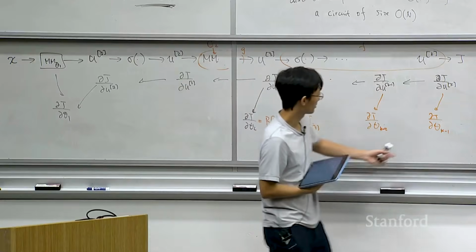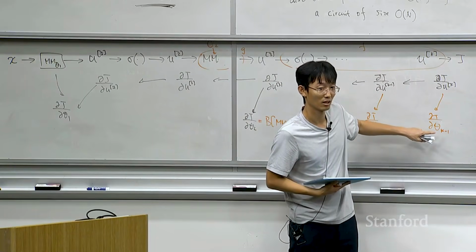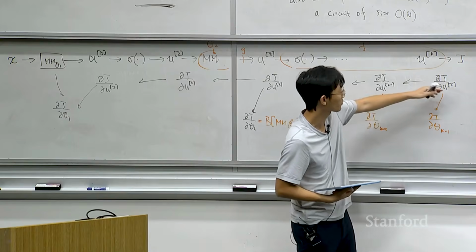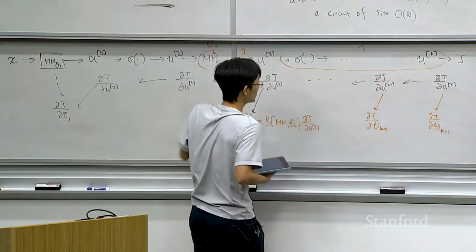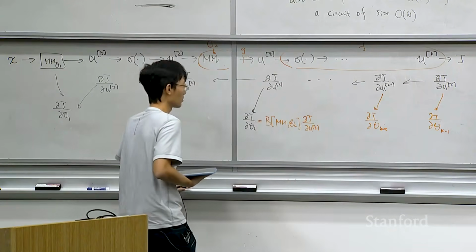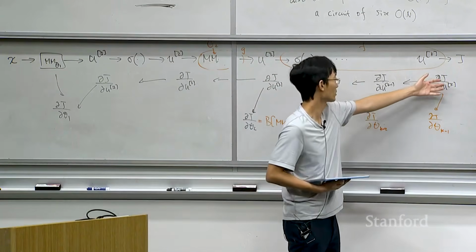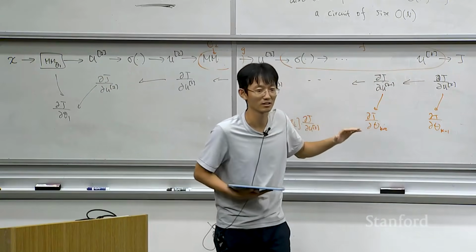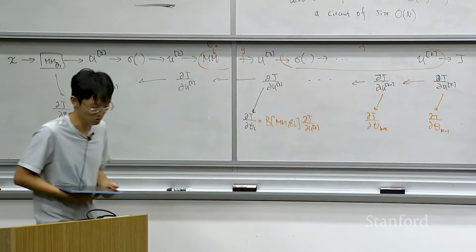But for the gradient with respect to the first parameters, you don't have to go through this whole chain of calculation. Once you get this, you can get here, right? So that's why you can, in some sense, parallelize this. This is inherently sequential, but some of this can be done on the side, in a parallel fashion.